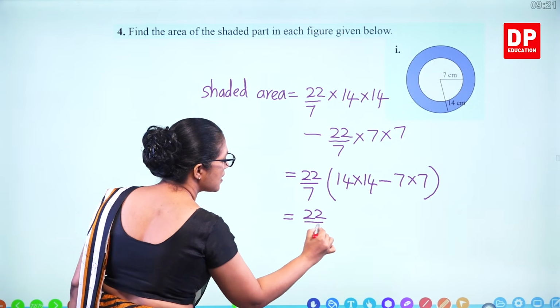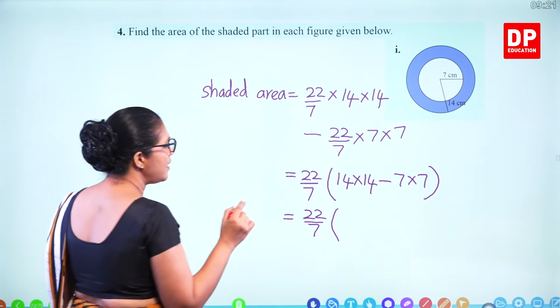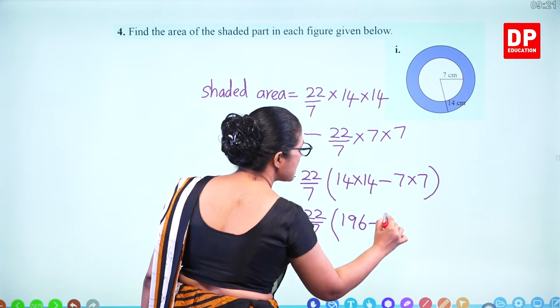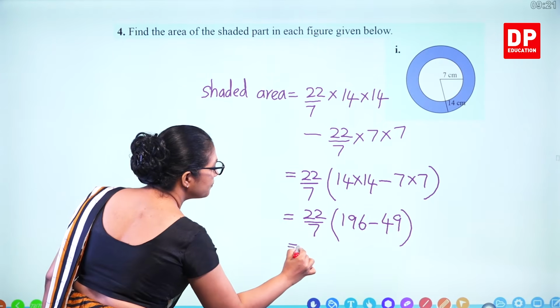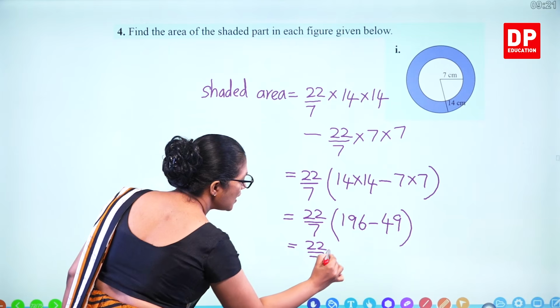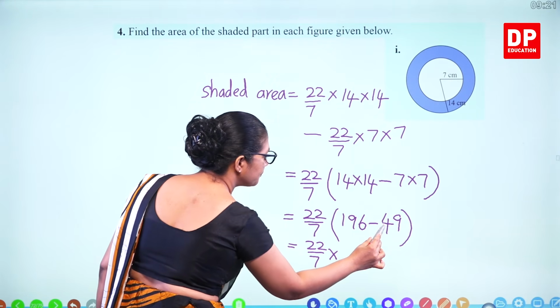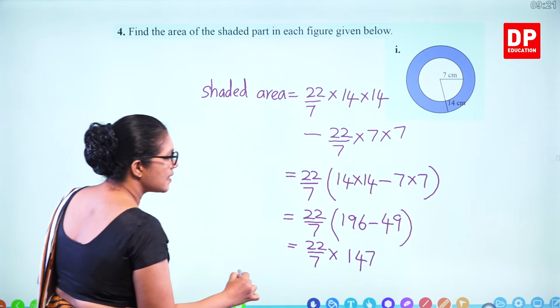So you get 14 times 14, we found out that's 196. 7 times 7, 49. So 22 over 7 into, subtract these two, 147.